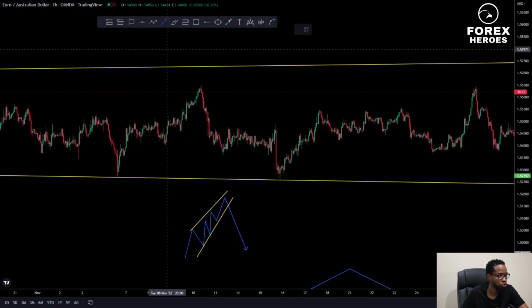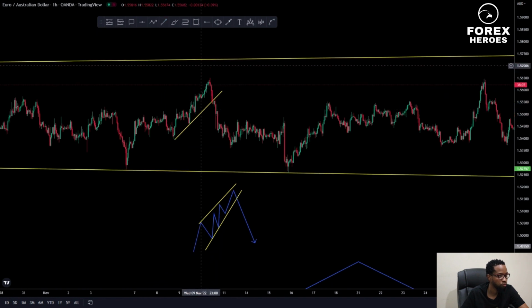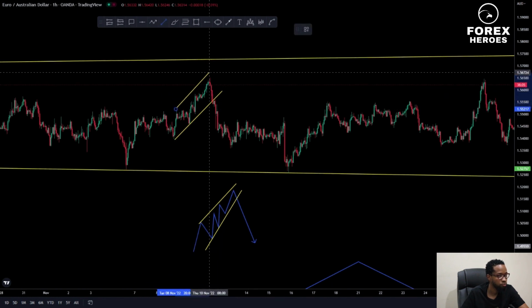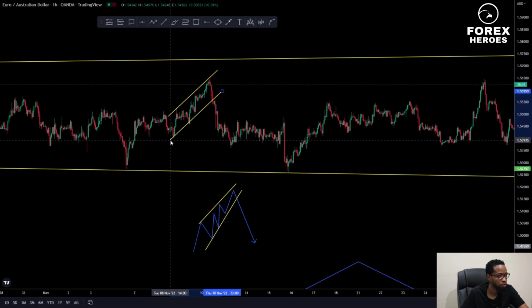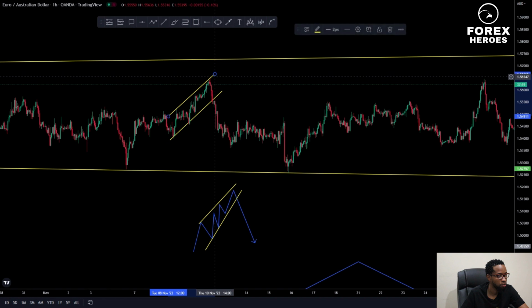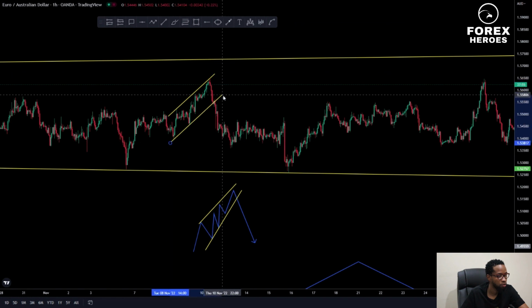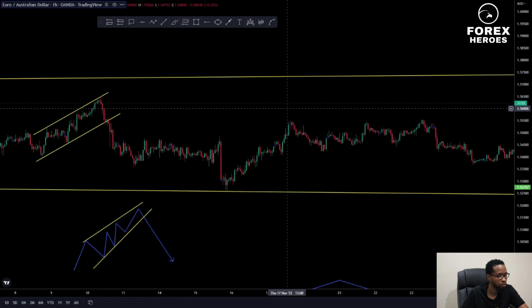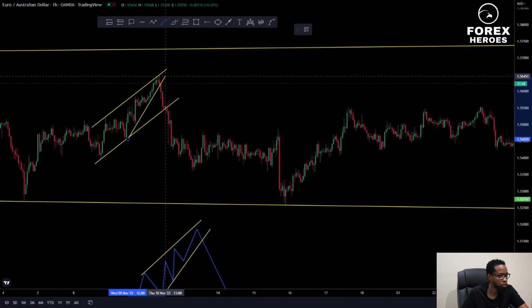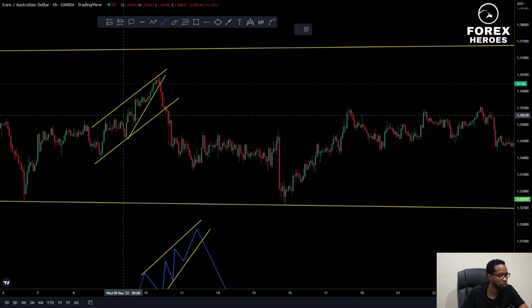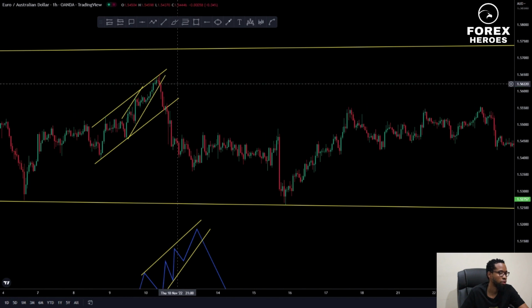So we will draw and as I've explained, this one gave us another pattern within a pattern.